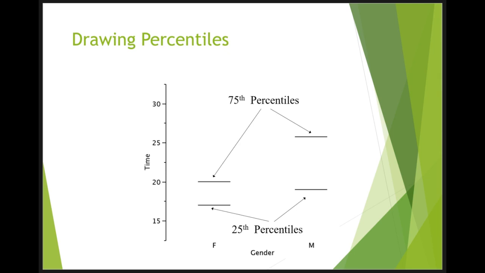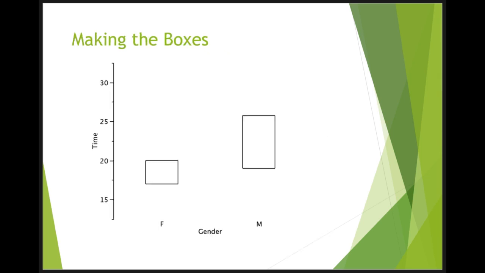For women, the 25th percentile is 17 and the 75th is 20. For men, the 25th percentile is 19 and the 75th is 25.75. We can see already that it took men longer than women to name the colors since both percentiles are higher for the men than for the women.